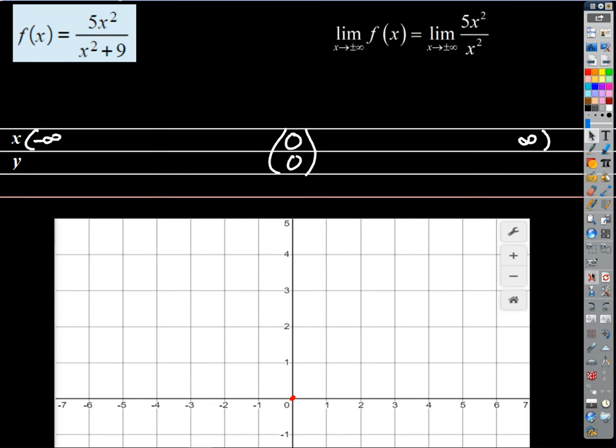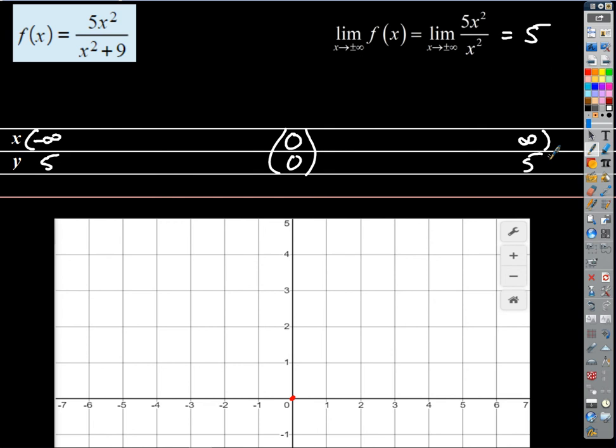And that's just 5, isn't it? Right? 5x squared over x squared is all just equal to 5. So in the limit, as x approaches negative infinity, y equals 5. As x approaches positive infinity, not x equals 5, y equals 5.